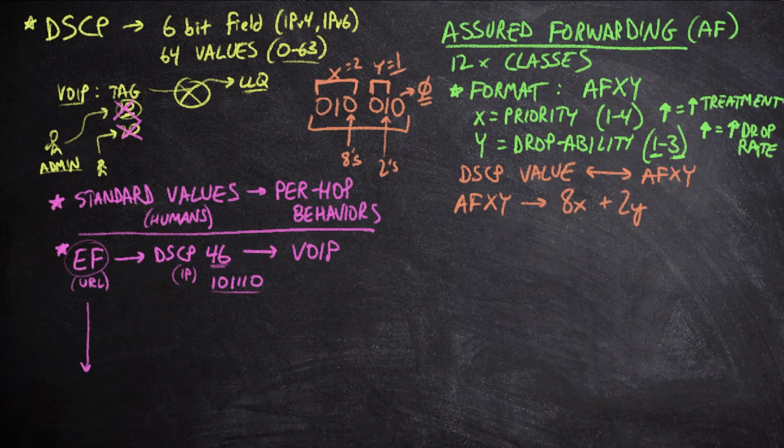A little bit of algebra feels like maybe in here, but in the end, this is going to give us a really simple formula that tells us how to multiply this out. So, for example, if I were to say it's an AF41, we're going to take 8 times 4 plus 2 times 1. 4 here, 1 here, and it fits into that formula. So that would be 32 plus 2. That is a decimal value of 34. A very simple way to calculate this.